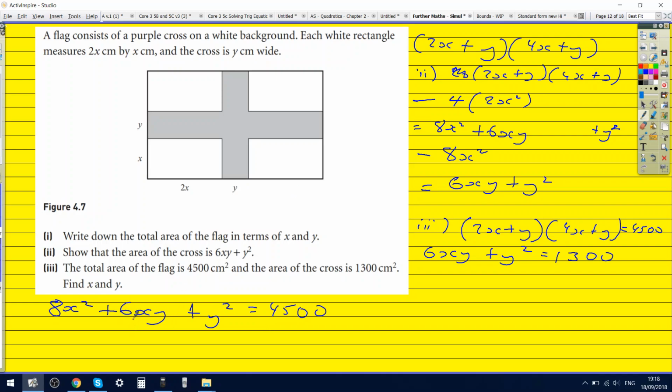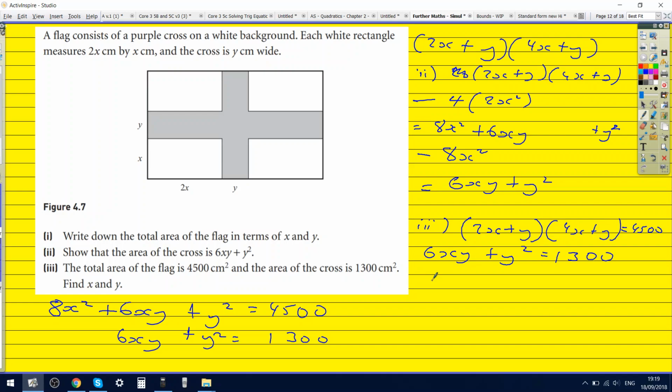We could say that 8x squared plus 6xy plus y squared is 4,500. 6xy plus y squared is 1,300.